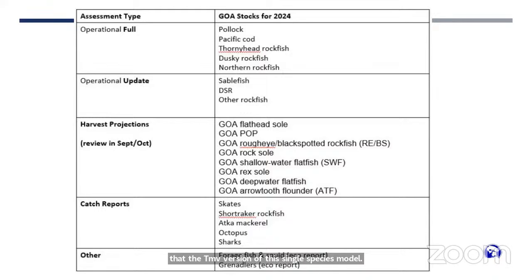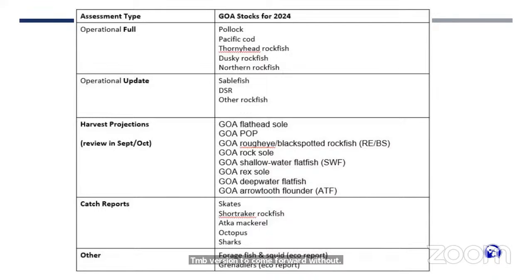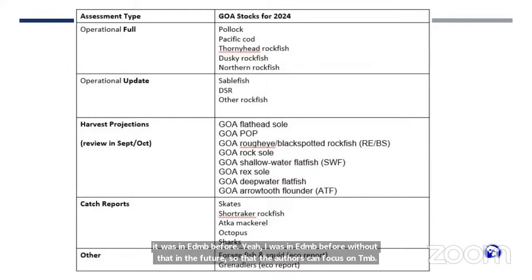So this is accepting the plan team's approval of that TMB version to come forward without another base model. I think it was in ADMB before. Yeah, it was in ADMB before, without that in the future, so that the authors can focus on TMB. Those are my recommendations.